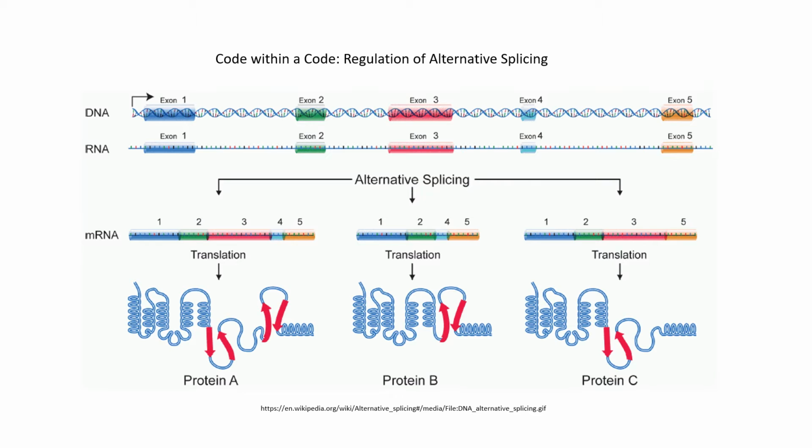Remember, exon stands for expressed region. So now I have an mRNA that contains exon 1, exon 2, exon 4, and exon 5. And when that is translated into a protein, that is a different protein, protein B. And same thing with protein C, except that now it's exon 4 that is missing.